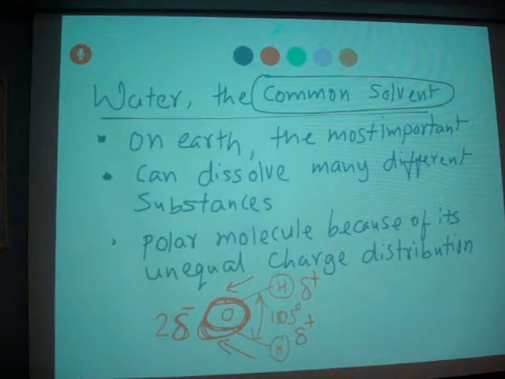It's a bent-shaped water molecule, and it is the most common solvent.